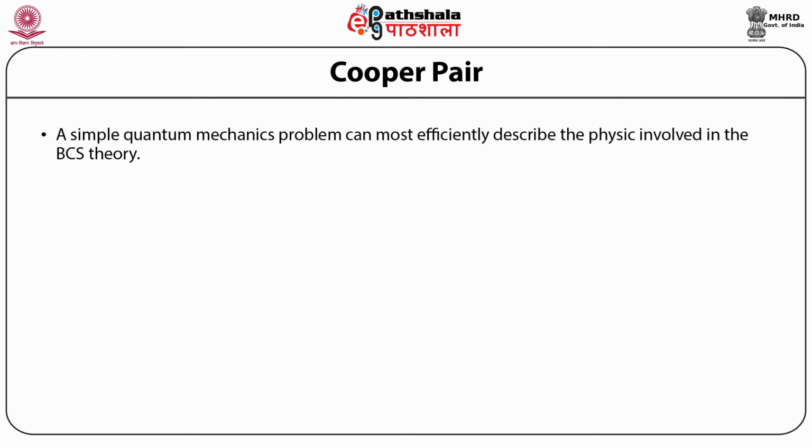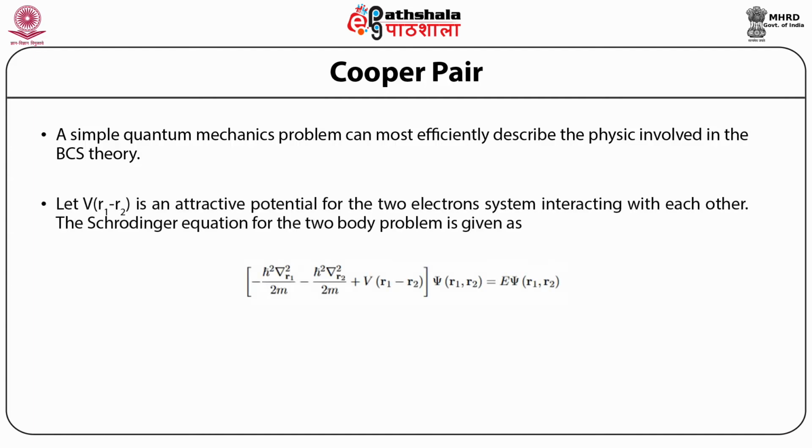A simple quantum mechanics problem can most efficiently describe the physics involved in the BCS theory. Let V of r1 minus r2 be an attractive potential for the two-electron system interacting with each other.